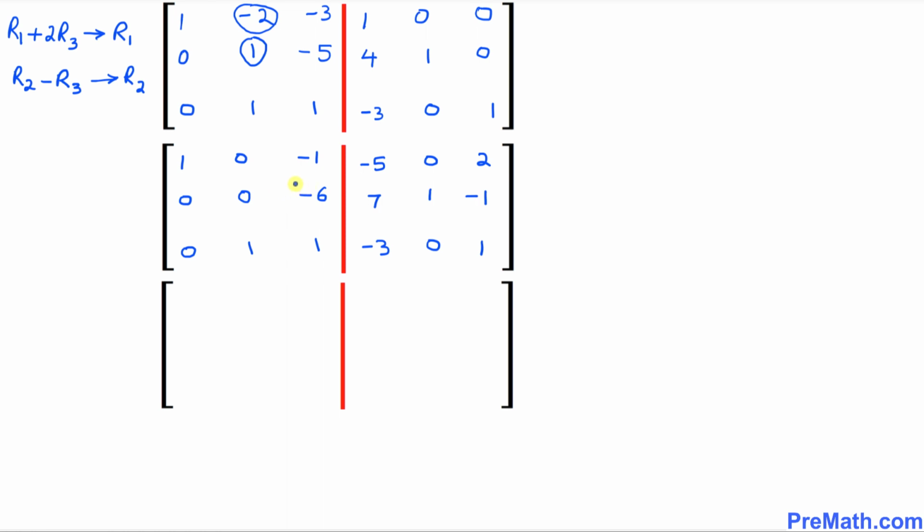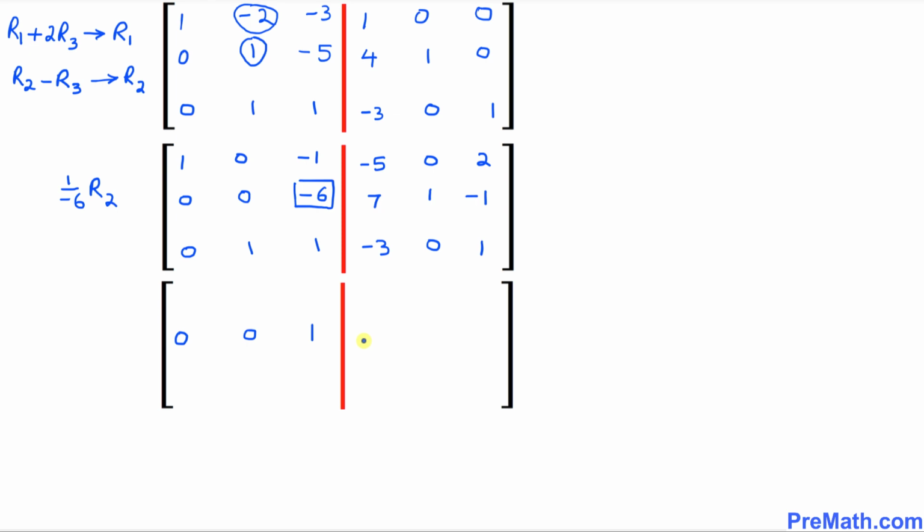And now we want to make sure that this negative 6 becomes 1. To perform that, since this is in row 2, I am going to multiply by 1 over negative 6. In other words, I am just dividing row 2 by negative 6. So row 2 is going to become 0, 0, 1.